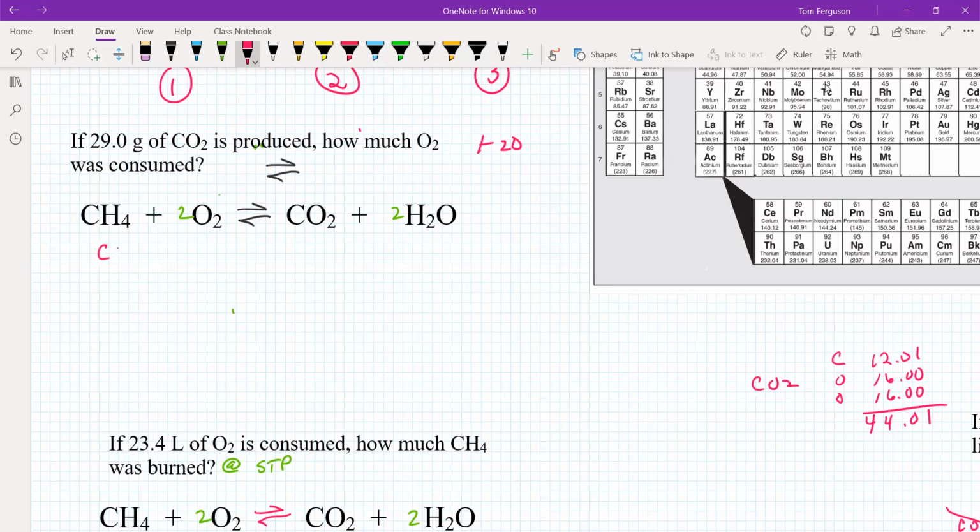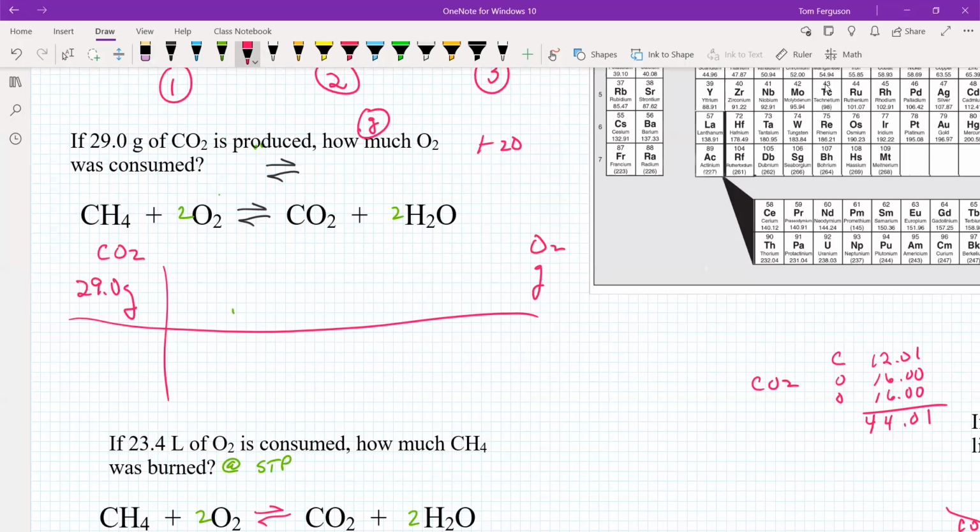And we're trying to calculate, when it says how much, think in terms of mass, so that'd be grams. Now, same setup, 3 parts, same setup. First step is take that 29 grams to moles.